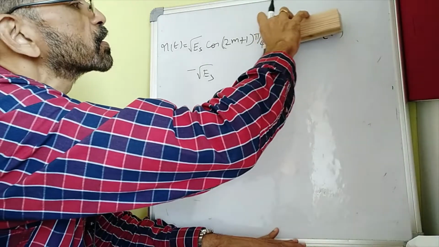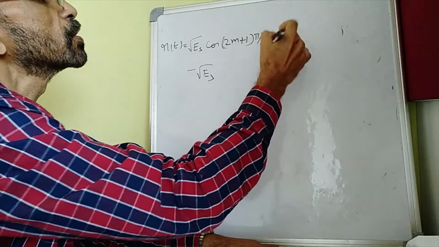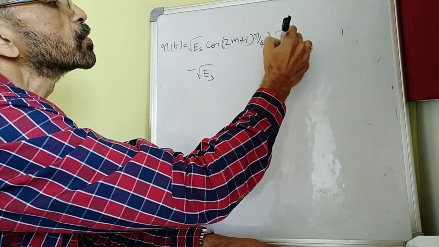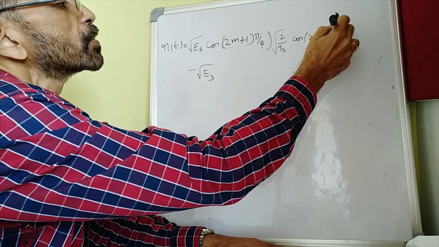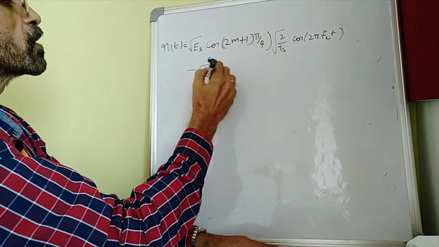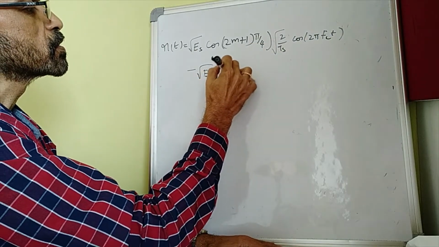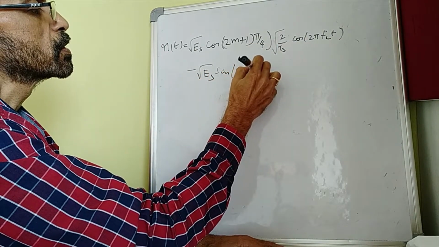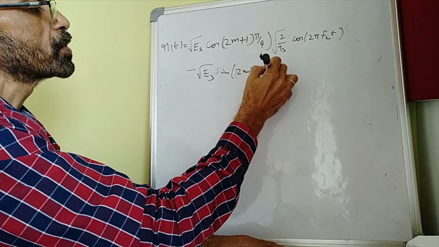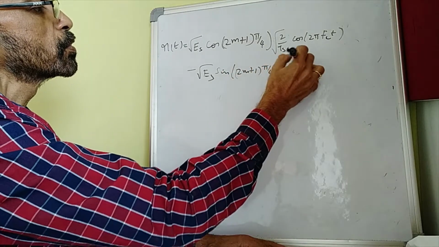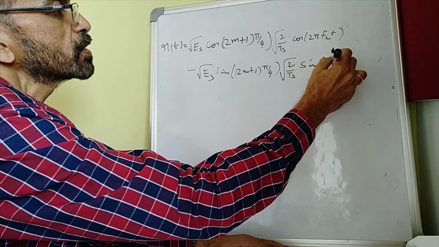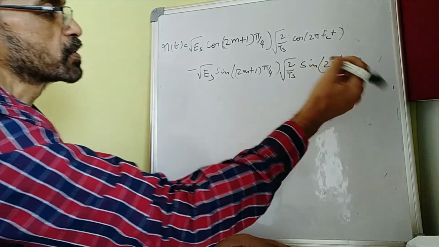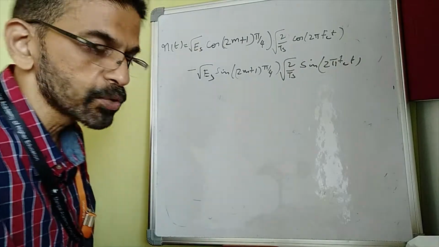One thing which I missed here is root 2 by Ts cos 2 pi fc t minus root Es sine (2m plus 1) pi by 4 root 2 by Ts sine 2 pi fc t, and of course small t is 0 to Ts.